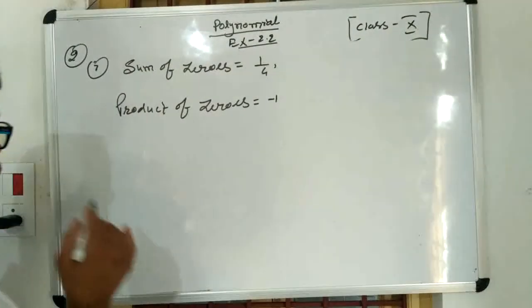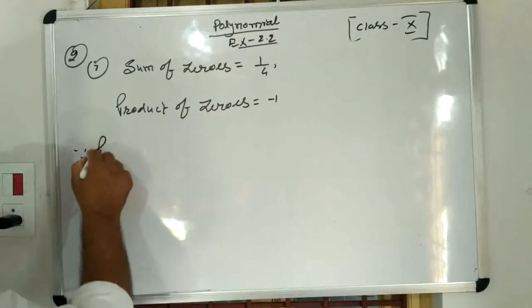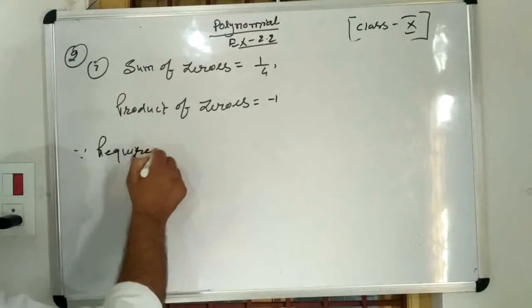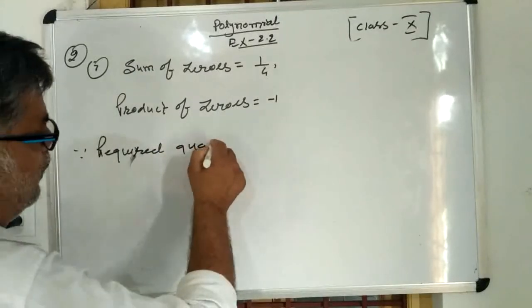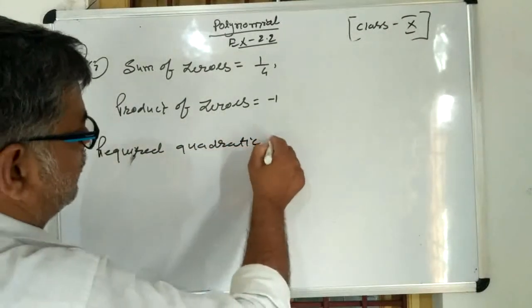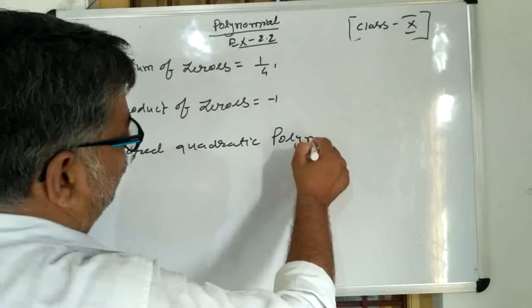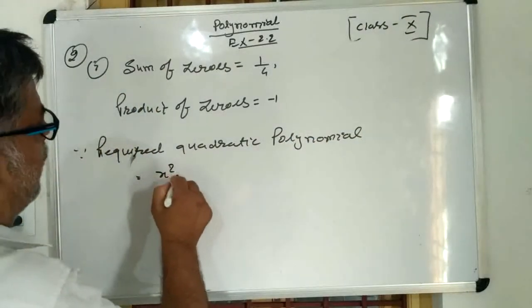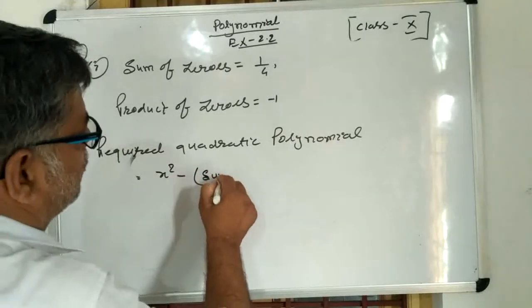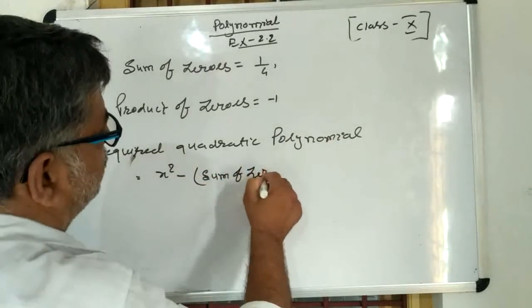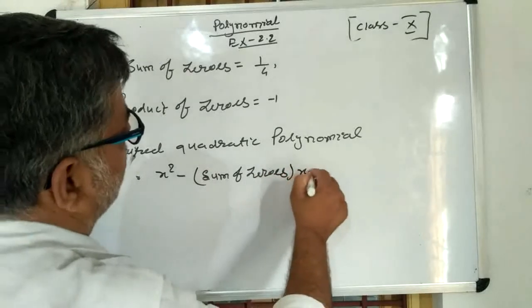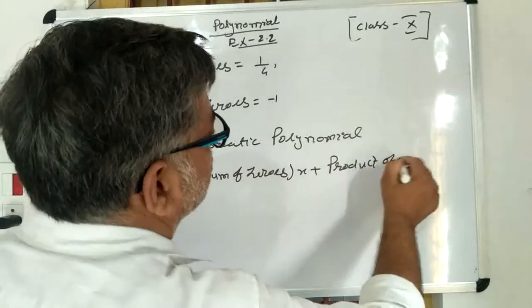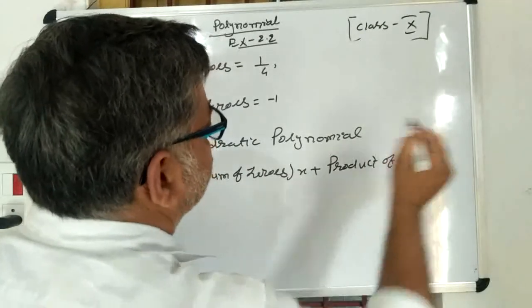So you have to use one result: the required quadratic polynomial equals x square minus sum of zeros into x plus product of zeros. This is the relation.